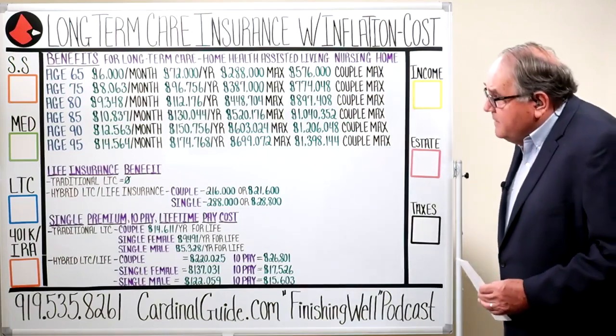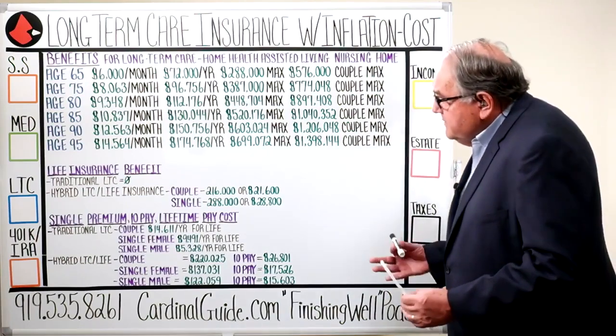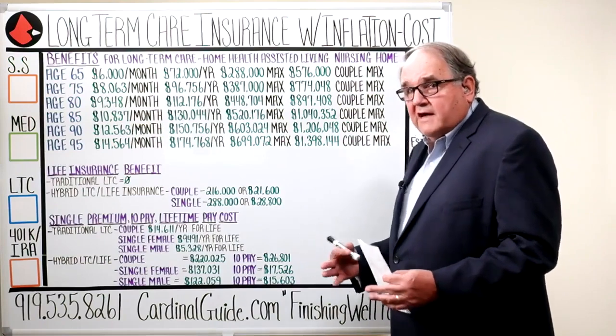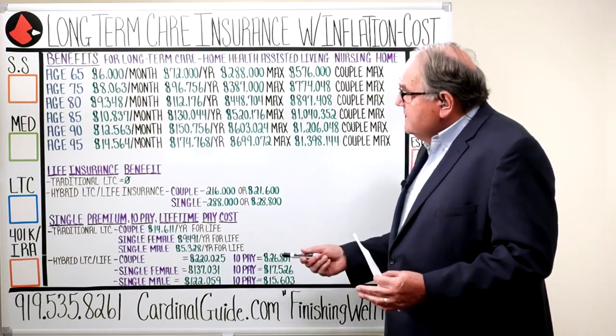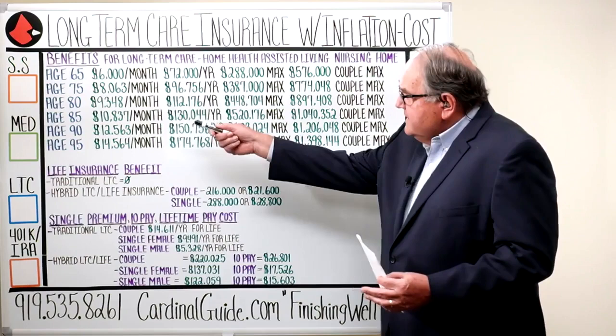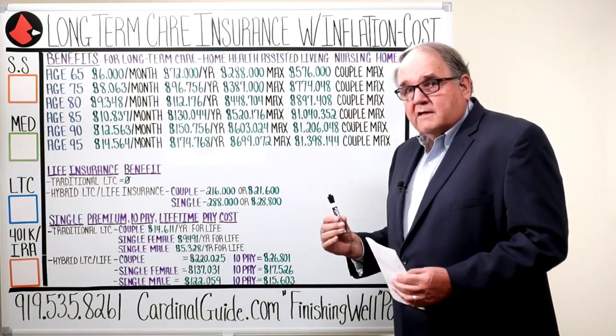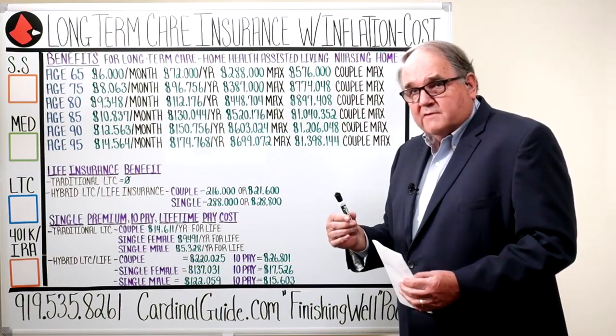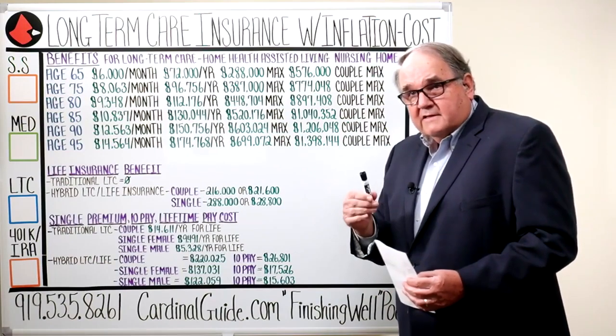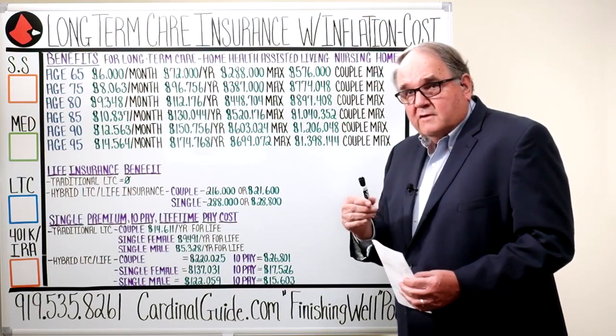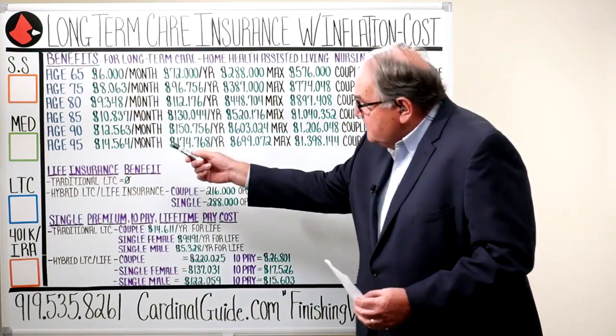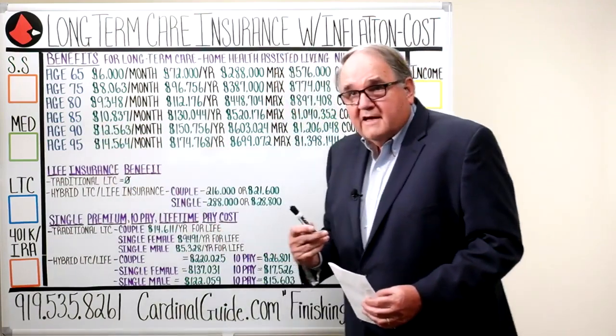Well, a lot of people out there are just saying, I'll just self-insure. I've got enough money. I'm looking at this, and I'll just take care of the bill when it comes around. I think a couple of points with that: this isn't going to be you making the decisions at this point. You're the one needing care.